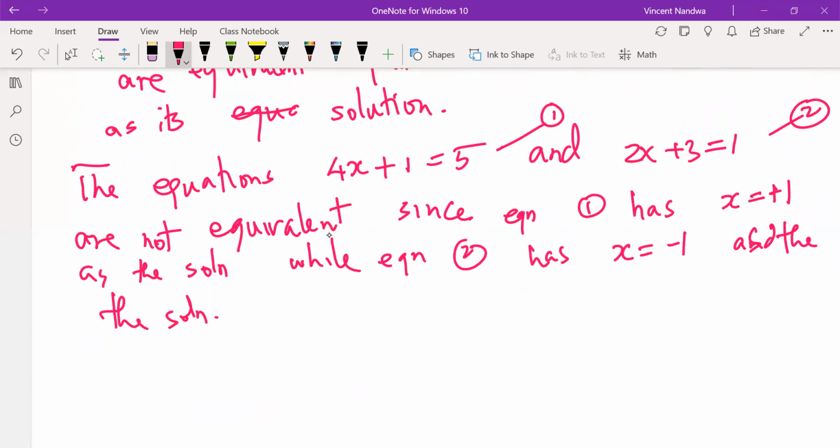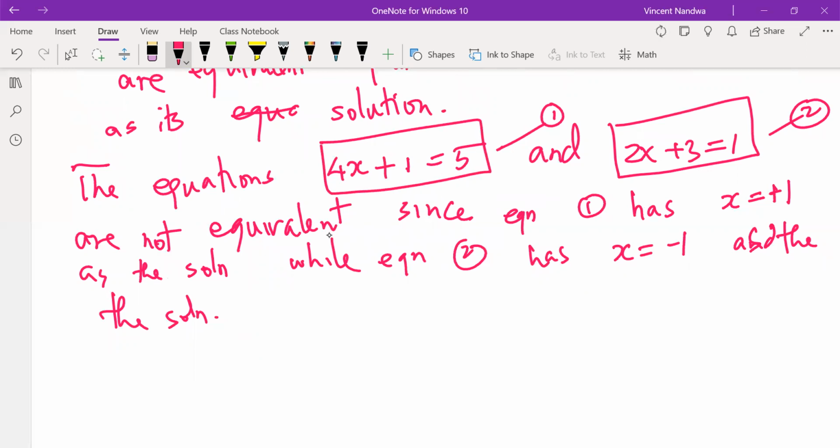So since the value for x in this equation is not the same as the value for x in this other equation, these are not equivalent equations.